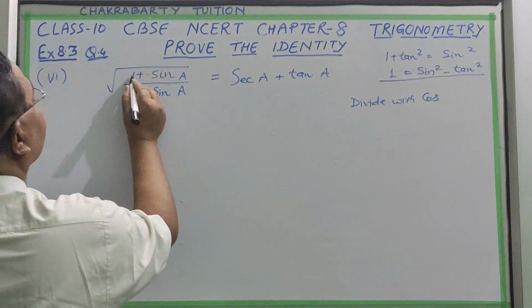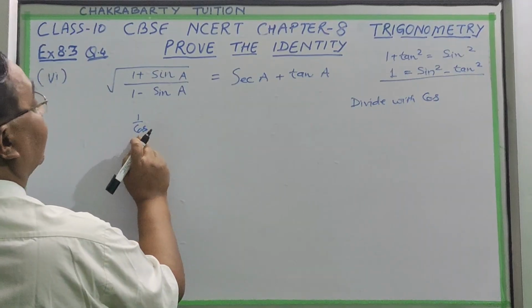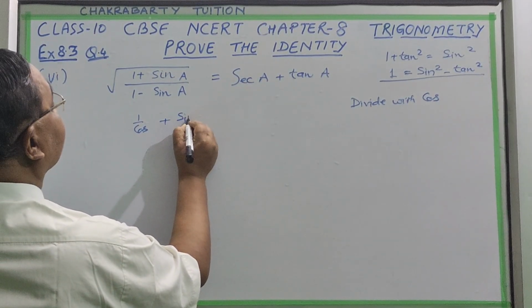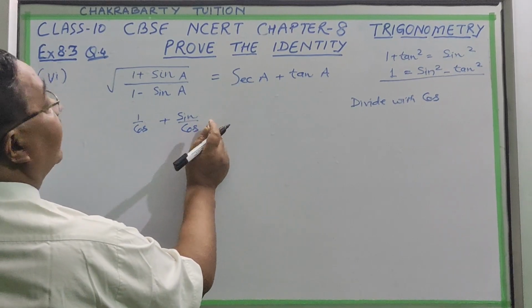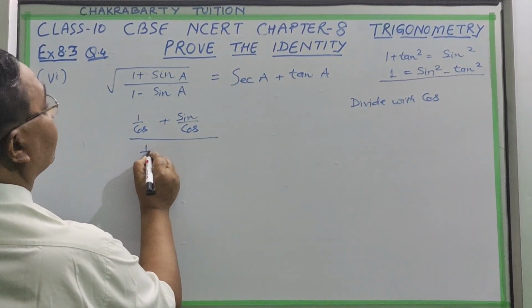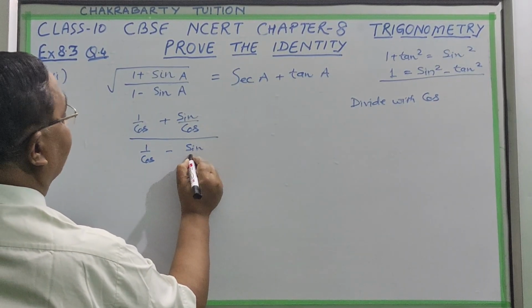So 1 will become 1 upon cos, and 1 upon cos is sec. Plus sine upon cos, which becomes tan, over 1 upon cos minus sine upon cos.